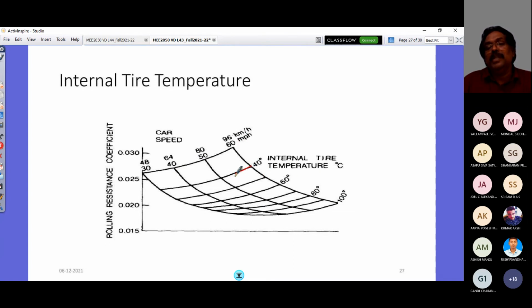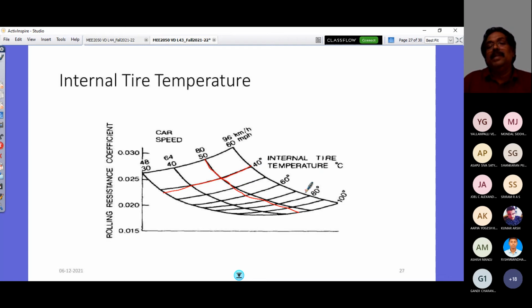This is a tire surface temperature of 40 degrees centigrade, and the speeds are these. So you have the speed here, 80 to 50 kilometers per hour, like that. So this is 80 kilometers per hour speed. So this line refers to speed. And in an analogous way, you can look at the rated pressure and load here.